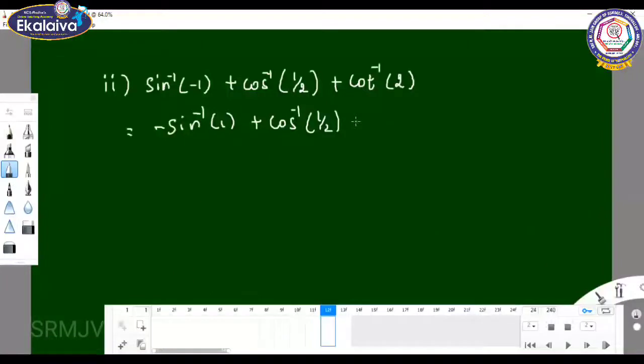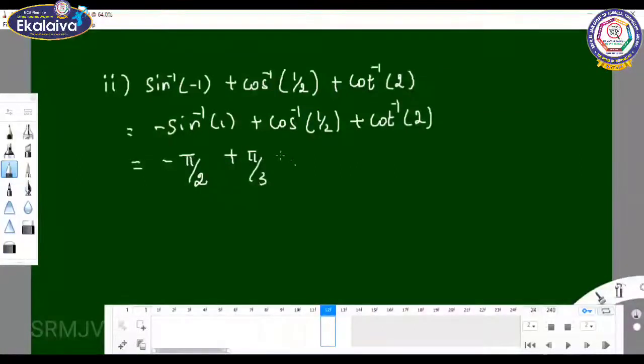In tan, we are not getting the value 2. So as it is, you can write cot inverse of 2. Sine inverse of 1 is pi by 2, plus cos inverse of 1 by 2 is pi by 3.